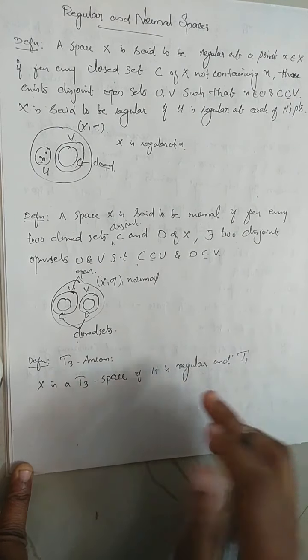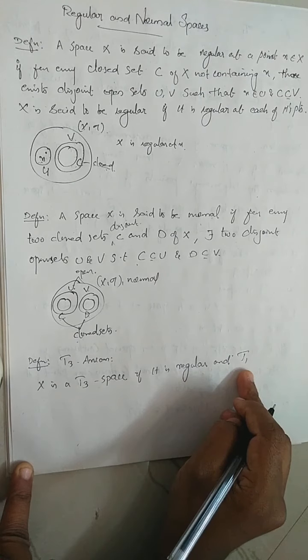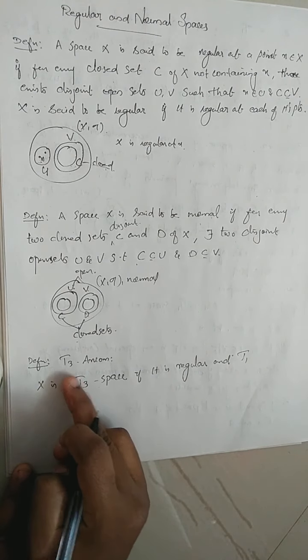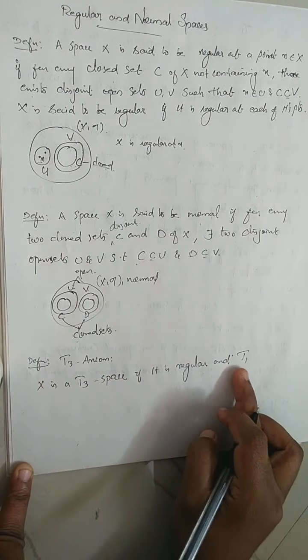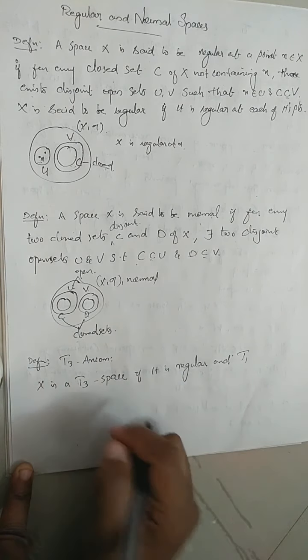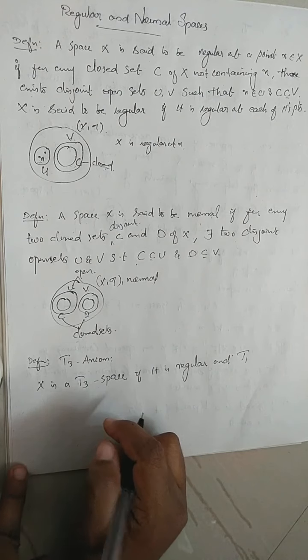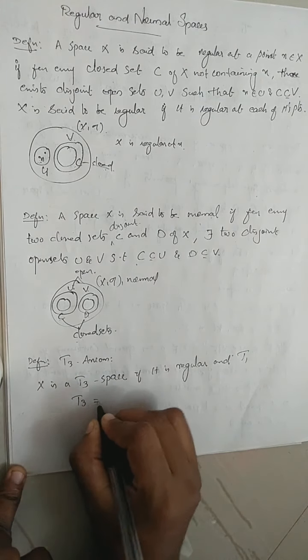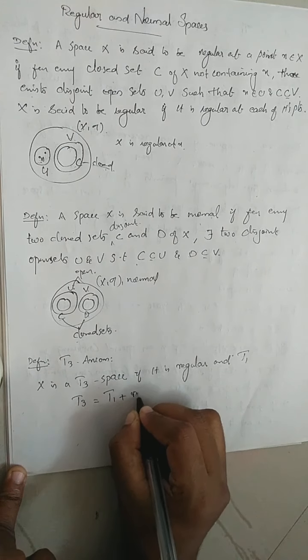When a space is both regular and T1, then that is called T3. So a space is said to satisfy the T3 axiom if it satisfies the T1 axiom and it is a regular space. What is T3? I can say T3 equals T1 plus regularity.